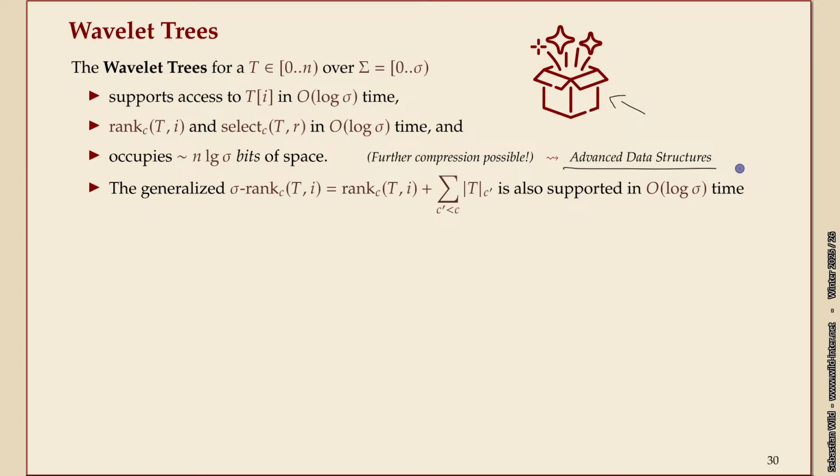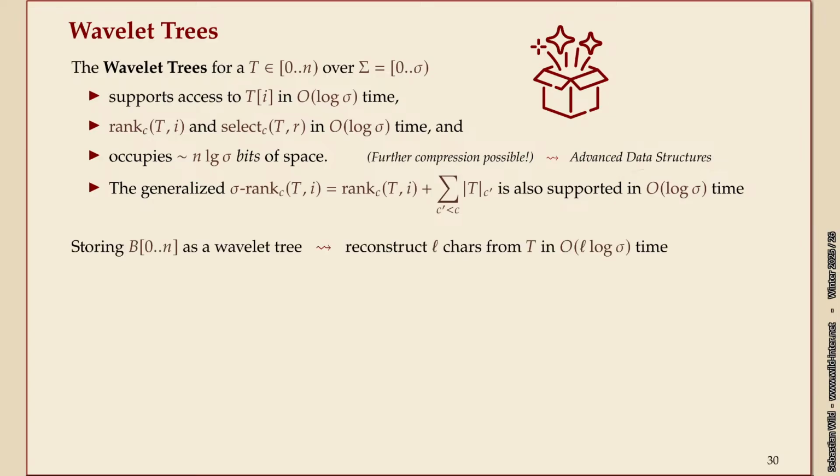We'll leave it for the rest of today with just this black box, that there's a magic way, the wavelet tree, to store a string, in our case, the Burrows-Wheeler transform, that can answer these rank and select queries. The running time, by the way, is big O of log sigma. So if you think about a bioinformatics context, the alphabet will be small.